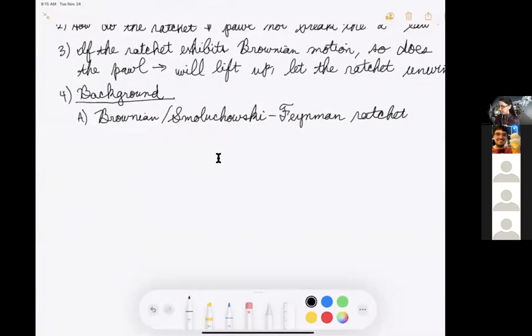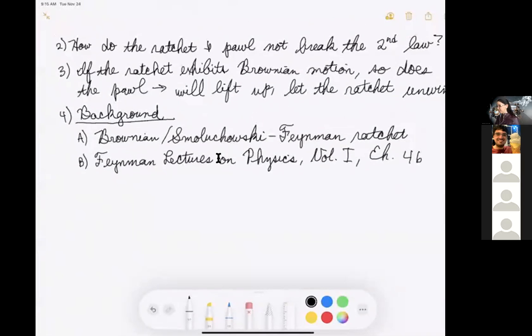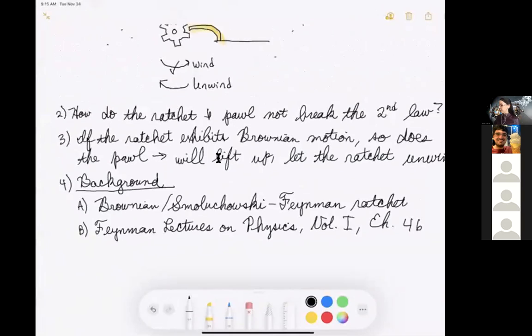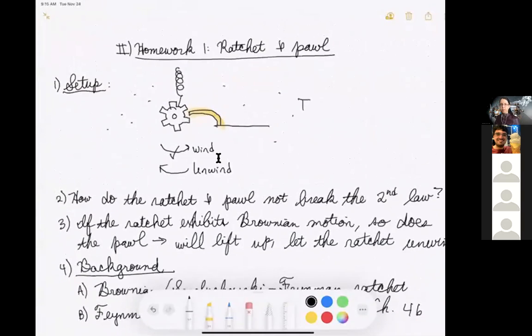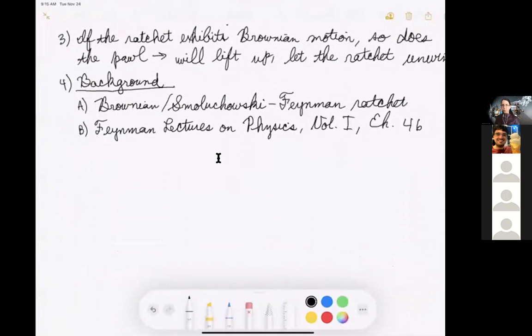So this was written about, for example, in Richard Feynman's Lectures on Physics, in volume 1, chapter 46. That has a more detailed analysis than the one that we have here. The Feynman lectures, I think, are available online for free, but I'll post this chapter on the course website for ease of everybody.